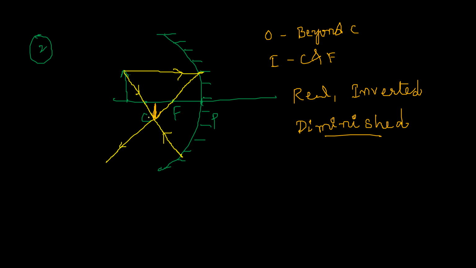Compared to the object, the image size is decreased. That is nothing but diminished. So nature means real and inverted, and size means diminished. Next, the third image formation. We'll go with the third one. I am taking it like this.